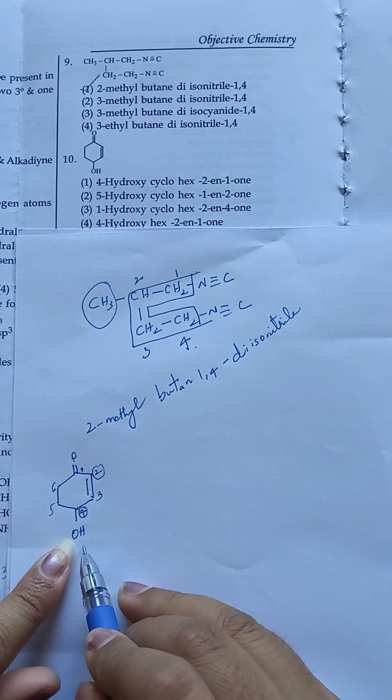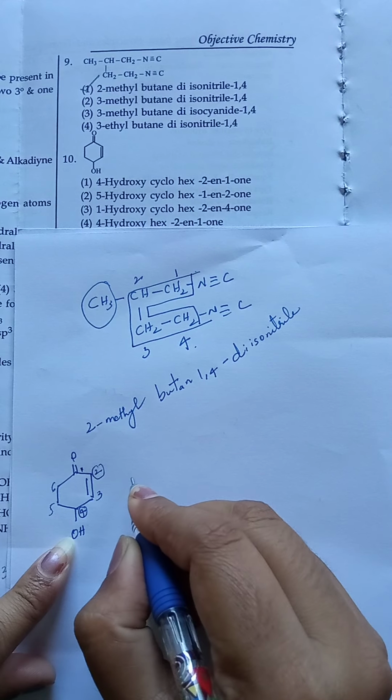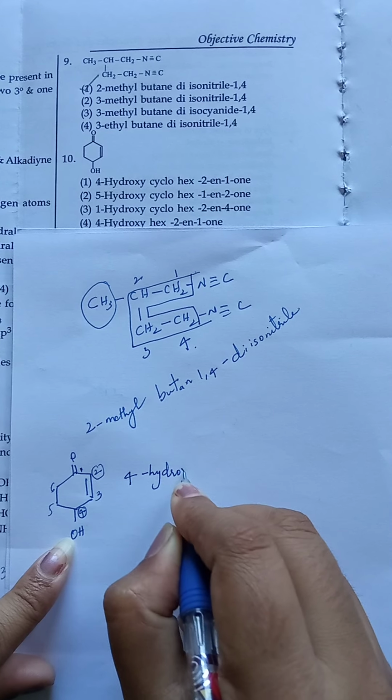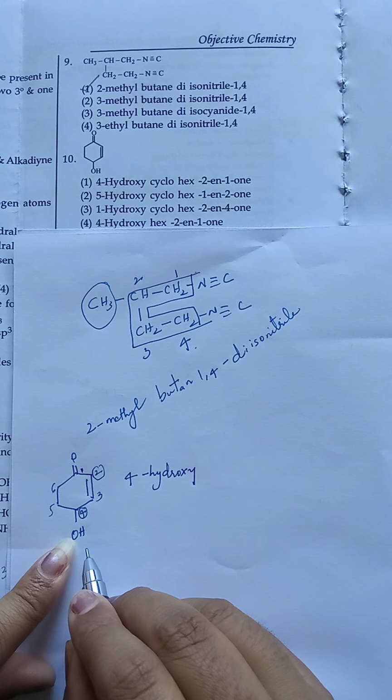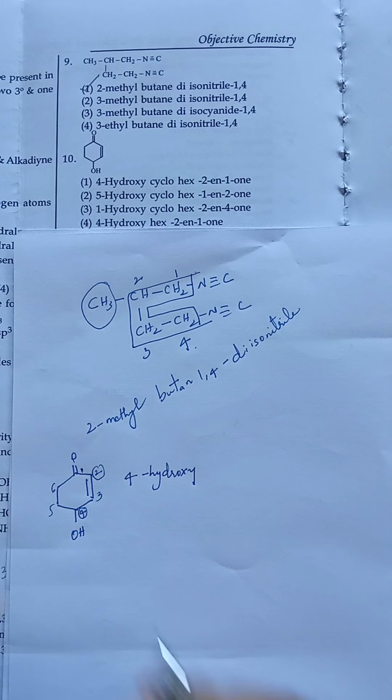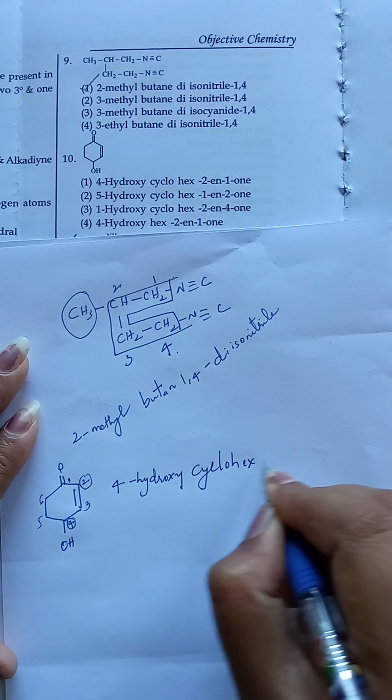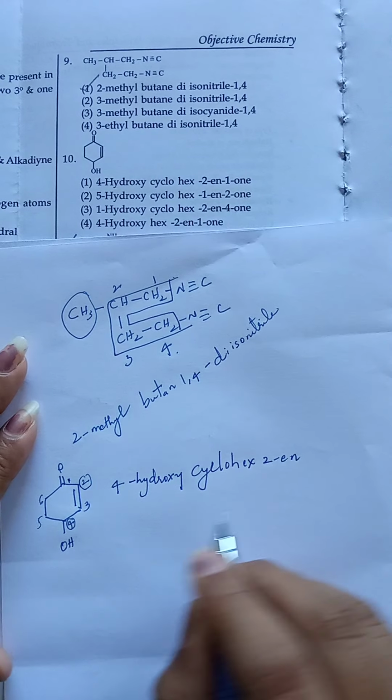Now at the fourth position a substituent is present. First write the substituent as prefix, that is 4-hydroxy. If OH is there, it is taken as a substituent prefix. 4-hydroxy cyclohex-2-ene. Why is it 2-ene?